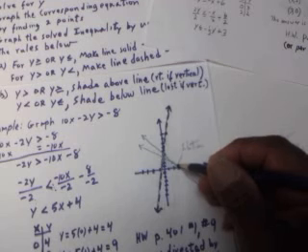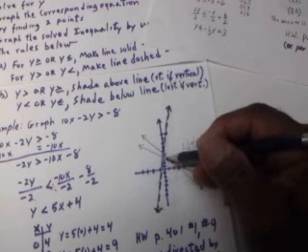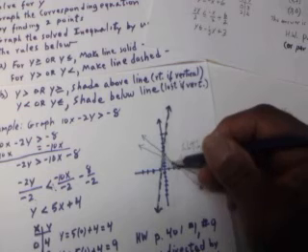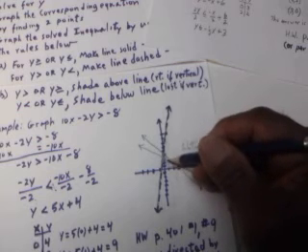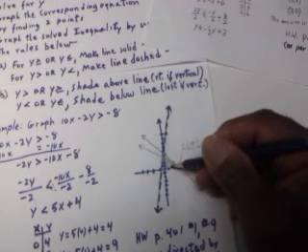I can't shade right in between there because I don't already have it. I can only shade below this line right here. That's the only place I can shade. So that would be my region.